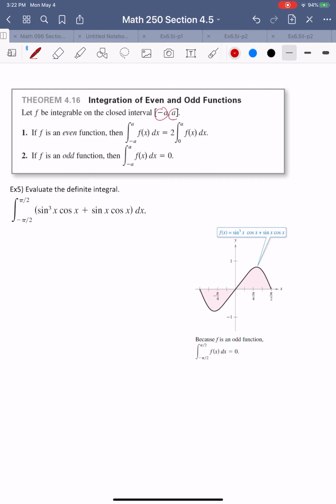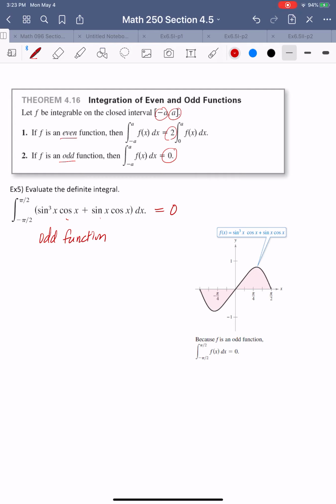Do you see that here? The even function gives twice the integral, and the odd function gives 0. When you graph this, you'll see it must be an odd function, and an odd function must equal 0.